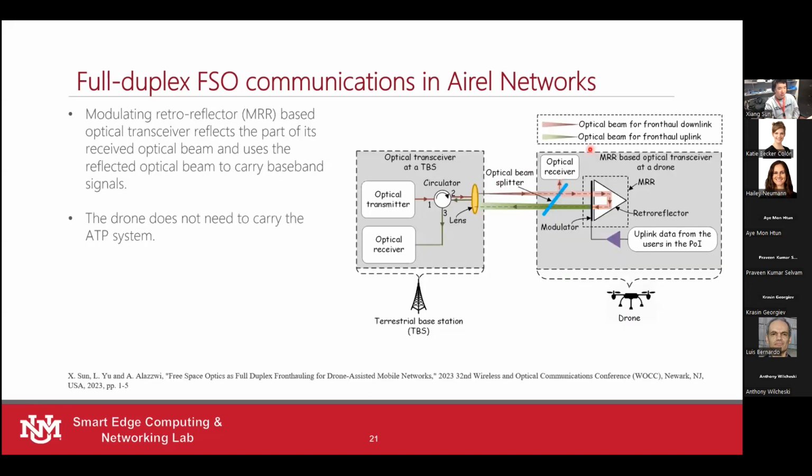In this solution, we only have one ATP system, which can reduce the payload. If the payload of the drone reduces, the energy consumption of the drone is also going to be reduced. So that's the basic idea.